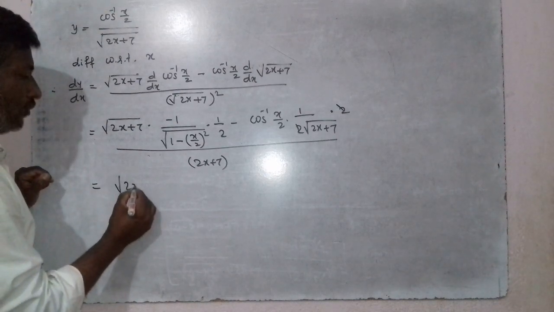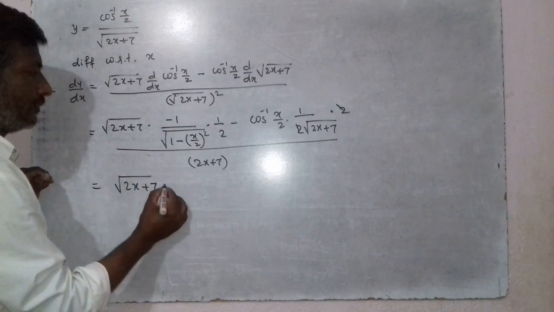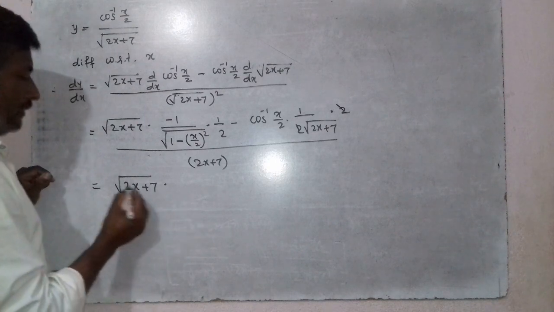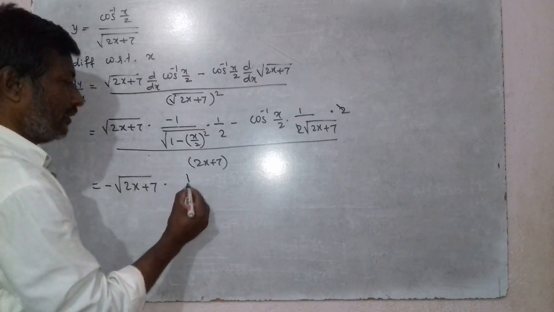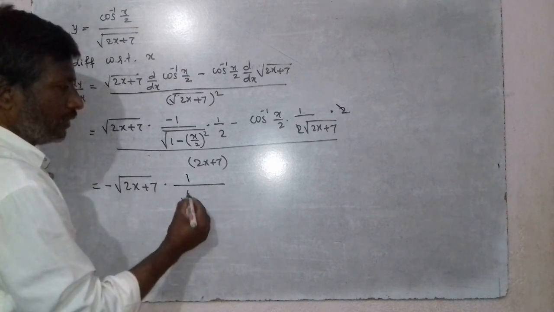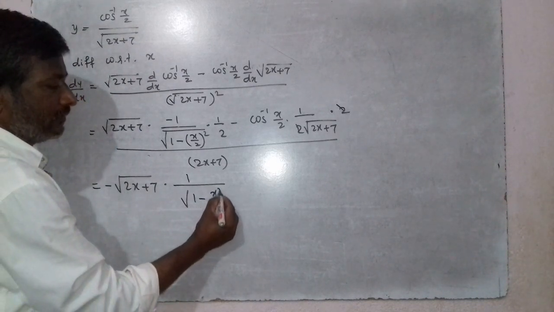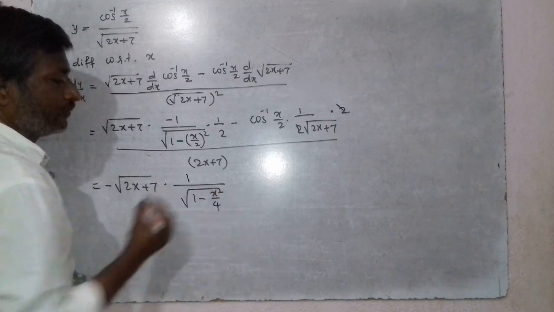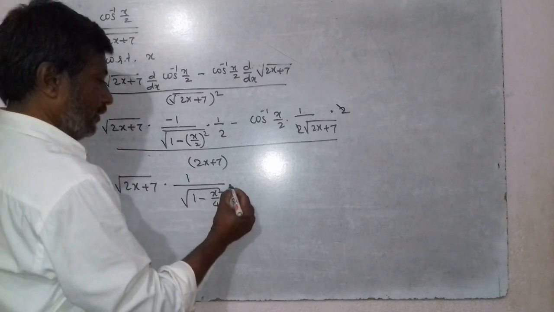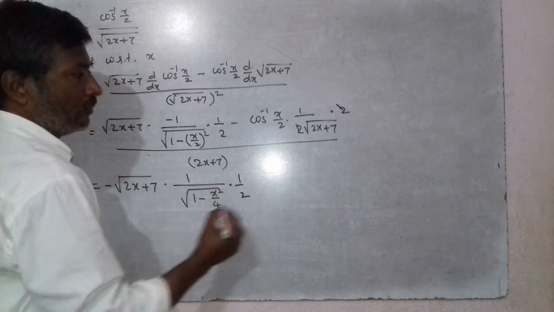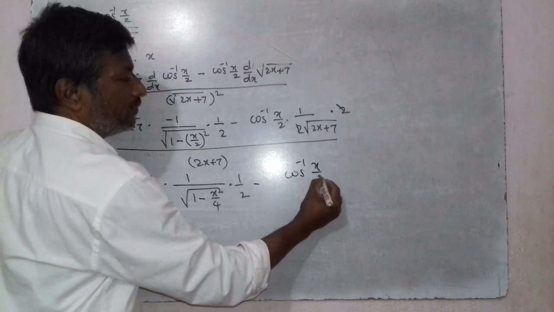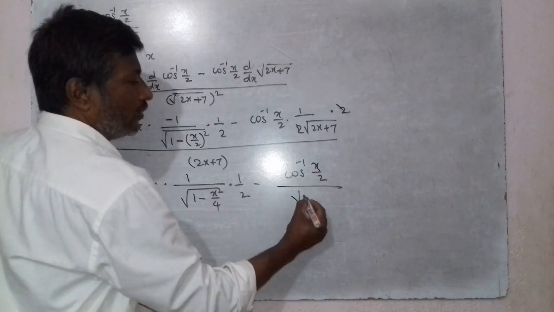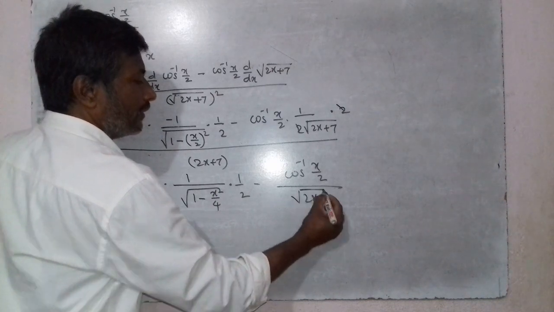This equals root of 2x plus 7 into minus 1 upon root of 1 minus x square by 4 into 1 by 2, minus cos inverse of x by 2 divided by root 2x plus 7.